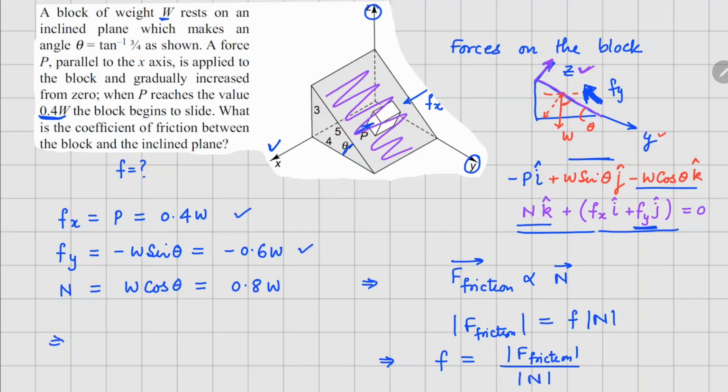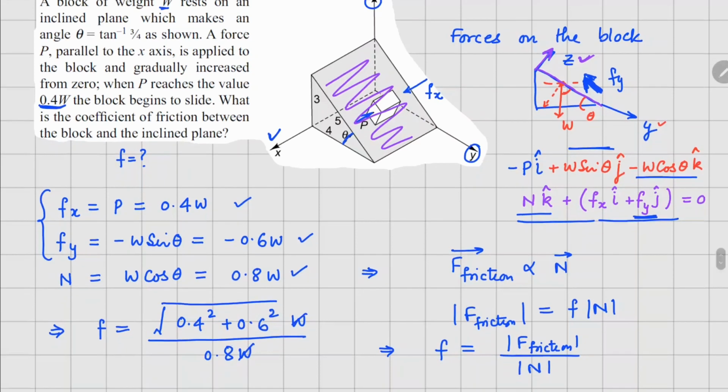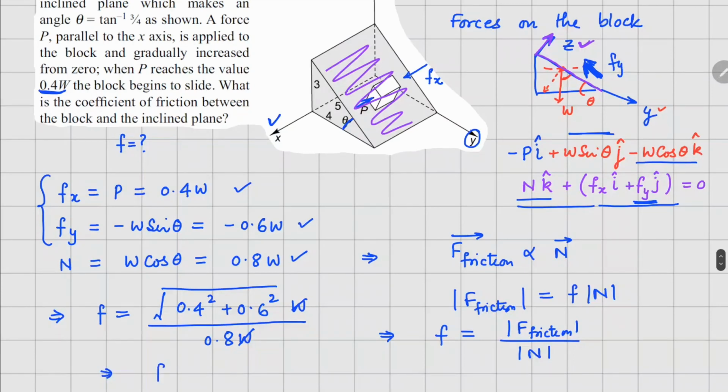If I put these values back in, your friction force is defined by two components, so the magnitude is going to be the square root of 0.4 squared plus 0.6 squared, times W, and in the denominator we have the normal reaction, which is 0.8 W. If I simplify this, I get the value of F as 0.9.